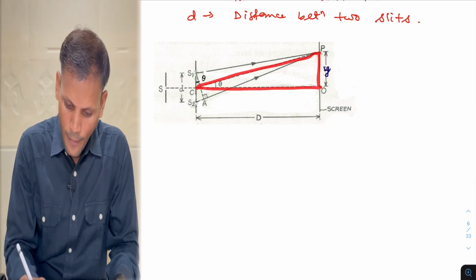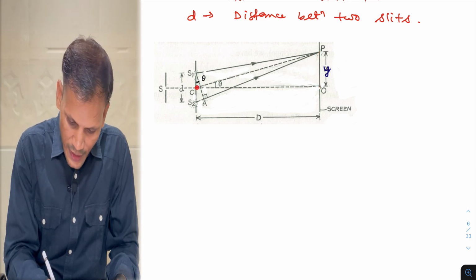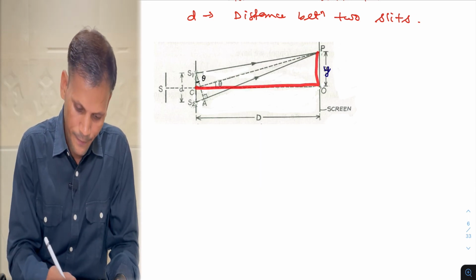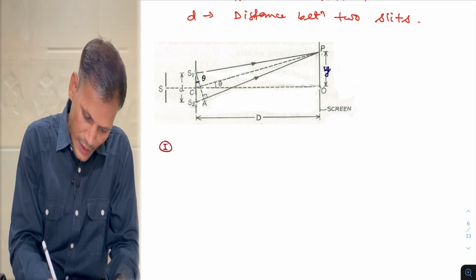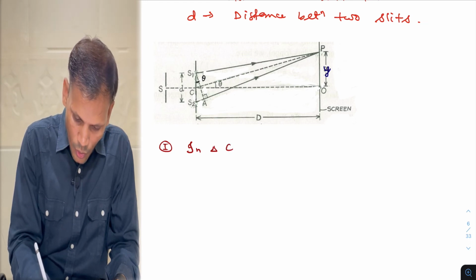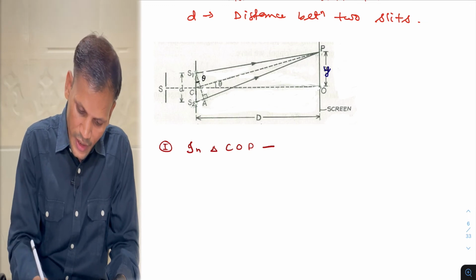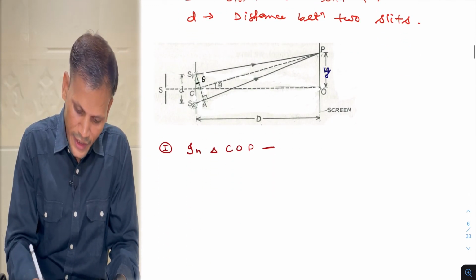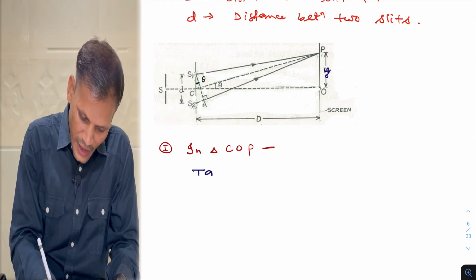In triangle COP, first case we are taking, in this triangle we are going to take tan theta.